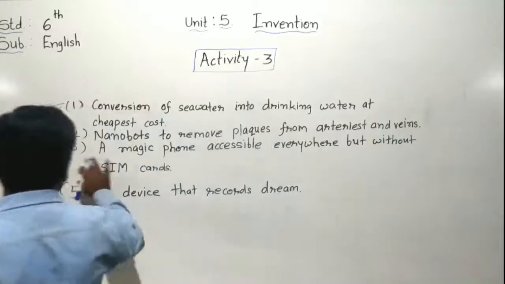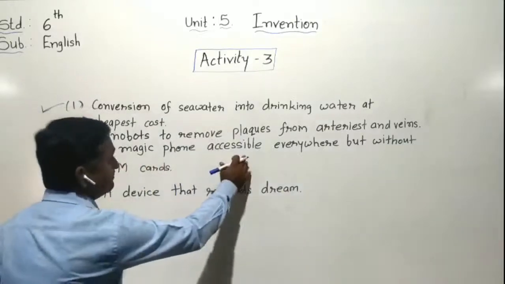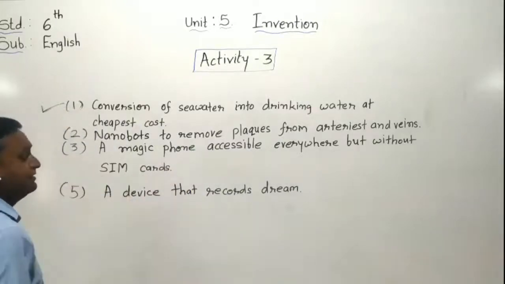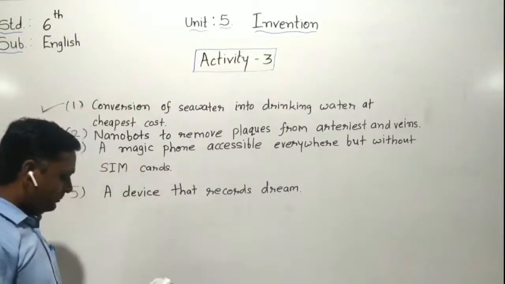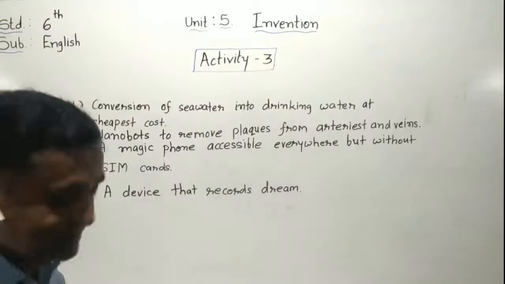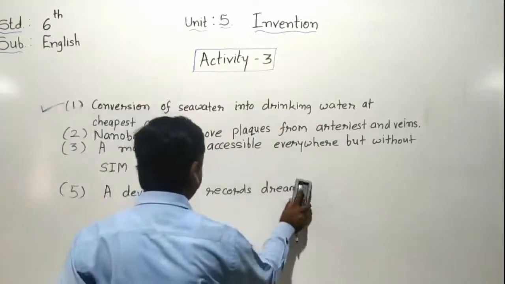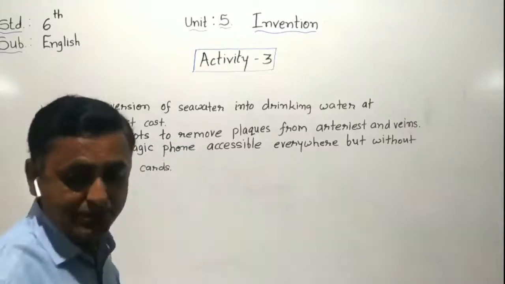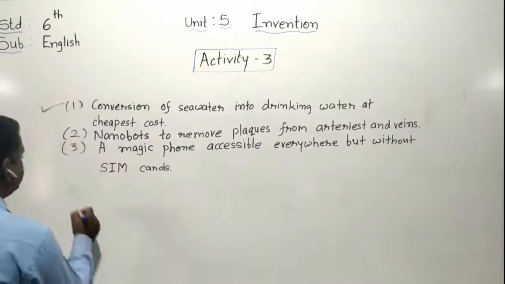Third thing you have to write: a magic phone, accessible everywhere but without SIM cards. Here the third remains the same. Now the fourth one we have to write. I erase the fifth one and then write the fourth. I write here the fourth number and fifth number. You have to complete it in your textbook.